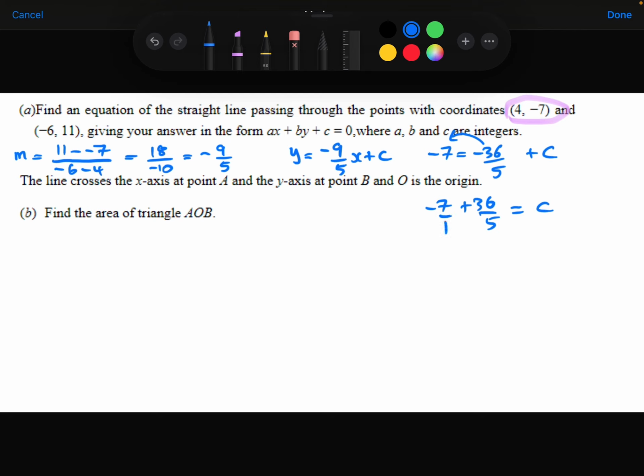The 7 there is the same thing as 35 over 5. So my c is going to be -35 over 5 plus 36 over 5. So c is 1/5. So my c is 1/5.